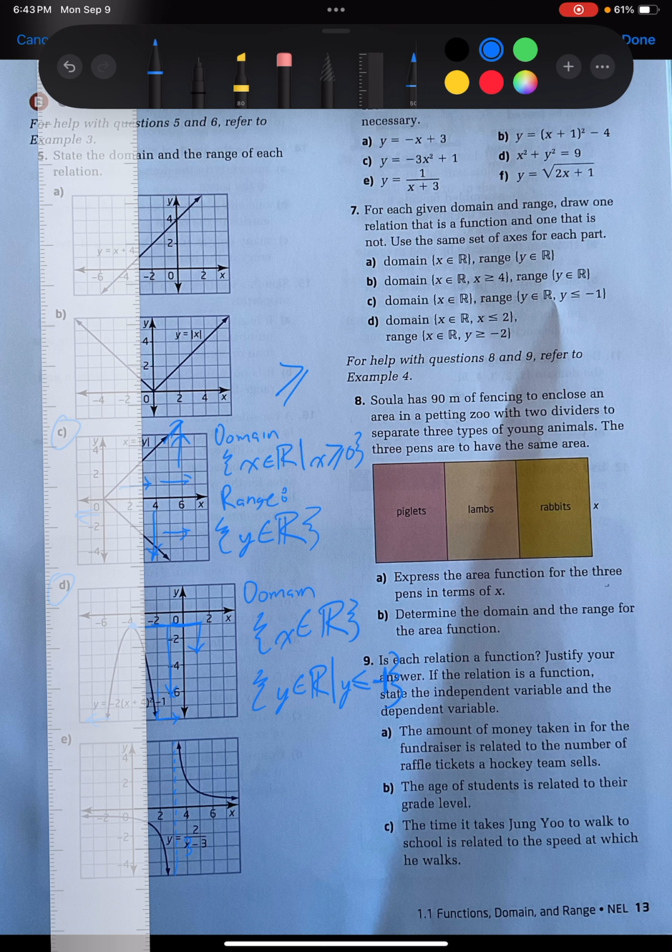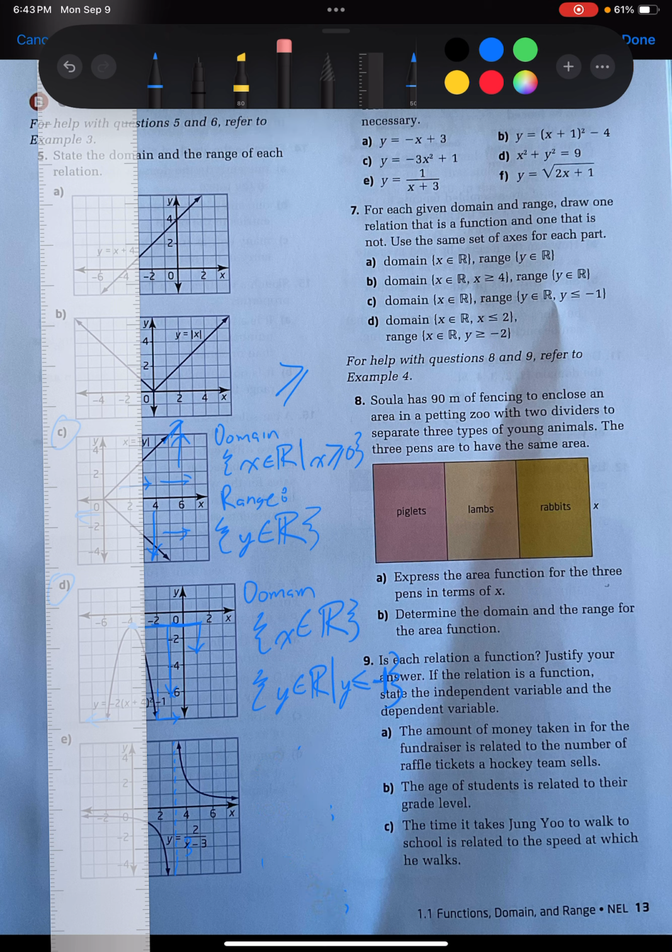If x, look at this, if x was to equal 3, then y is equal to 2 over x minus 3. Sorry, x take away 3. Or y is equal to 2 over 3 minus 3, which is equal to 2 over 0. That can't be the case. So x cannot equal 3.